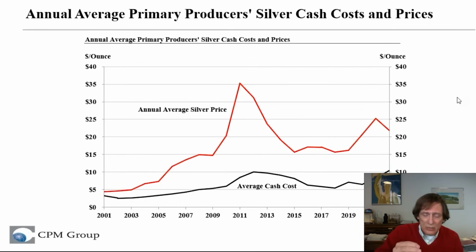And you can keep those low as it did as the silver price was flat from 2015 to 2019. But the cash cost is important, and it's what's available.